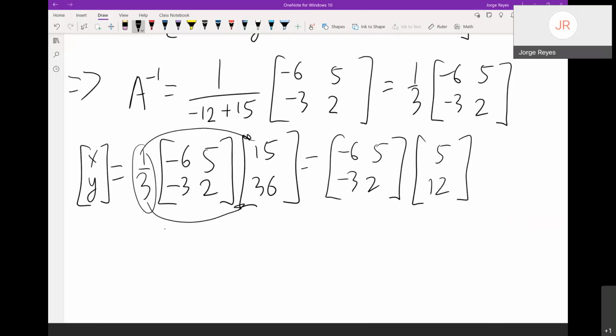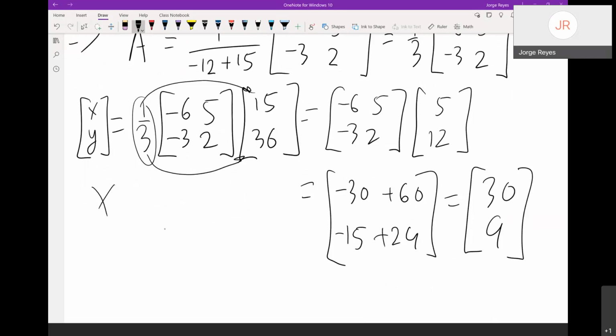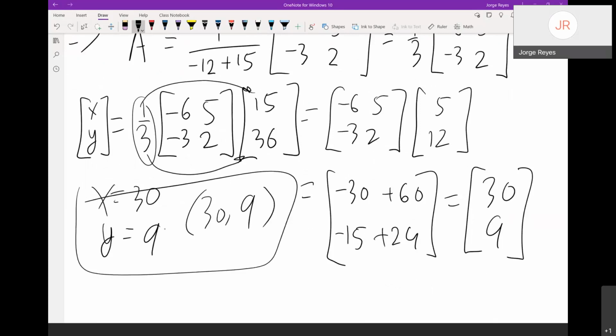And now I will get the answer. Negative 30 plus 60. And then this is going to be negative 15 plus 24. So the answer is going to be 30, 9. So x equals 30, y equals 9, or 30, 9. Ta-da!